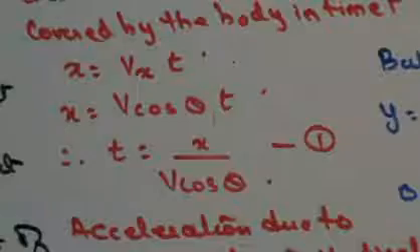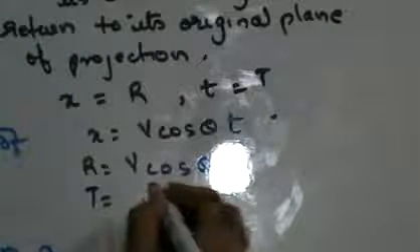In oblique projectile, we had said that x is equal to v cos theta into t. If I substitute the values here, I get R is equal to v cos theta into T. Therefore, I can say that T is equal to R upon v cos theta, right?